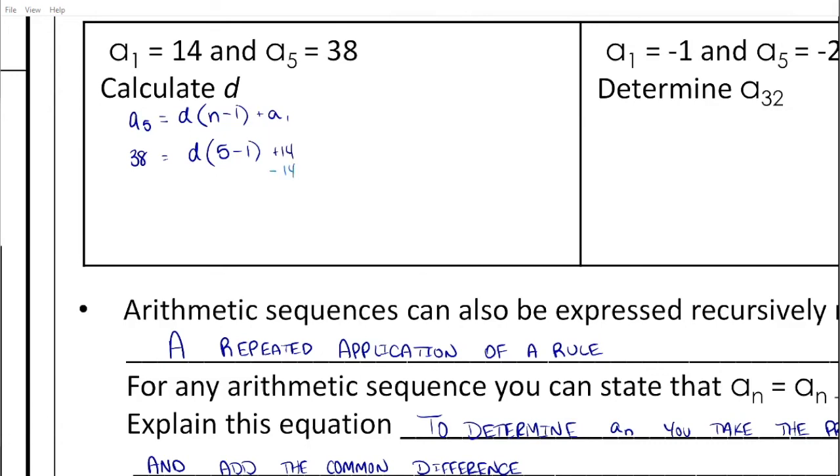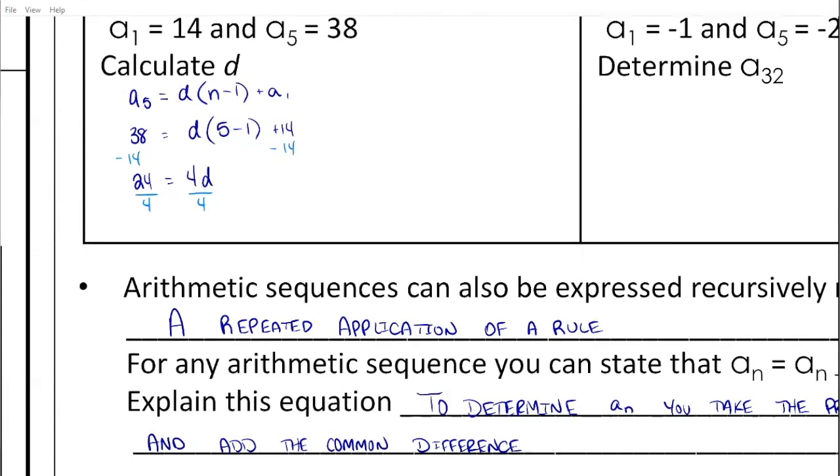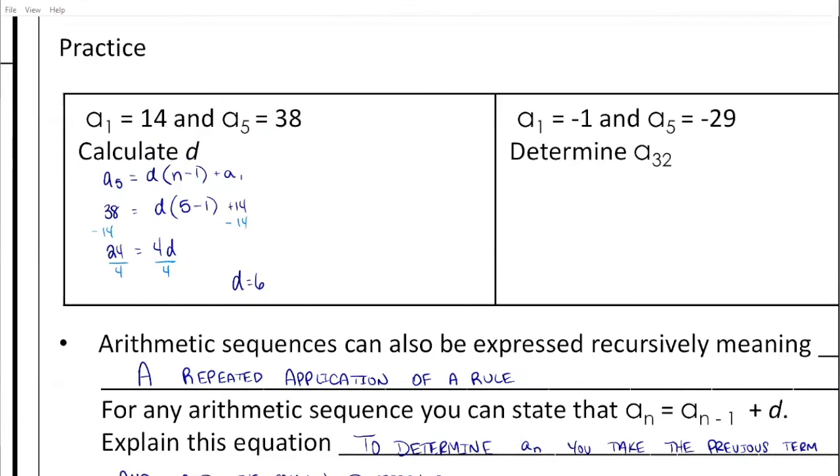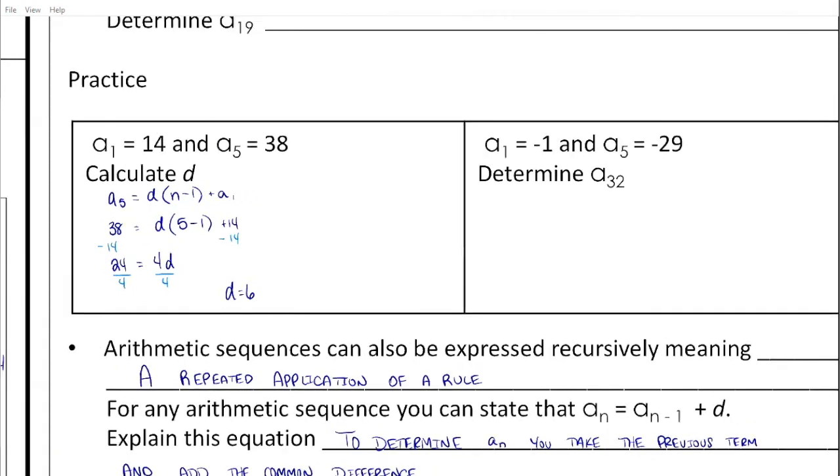We're going to subtract 14 from both sides. 38 minus 14 is 24, which equals 4D. Divide both sides by 4. So we found D to be 6. Now that we know what D is, we can determine any number in that sequence.